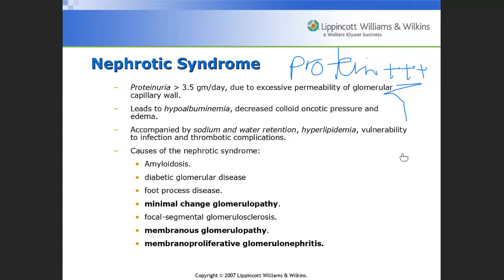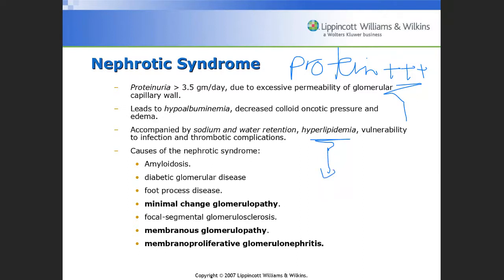And because of protein loss, the kidneys are not able to get rid of the sodium. Sodium is retained, might have hypertension, but very characteristic with nephrotic is heavy lipid in the blood. So we call that hyperlipidemia.